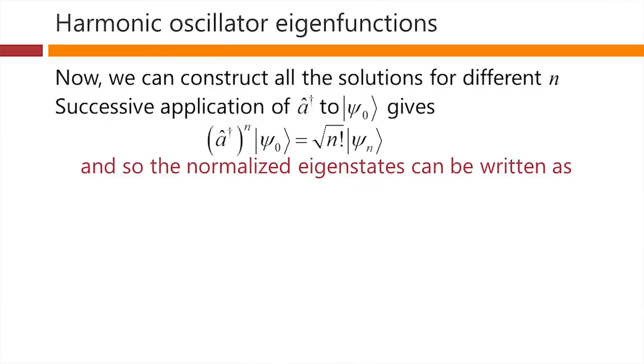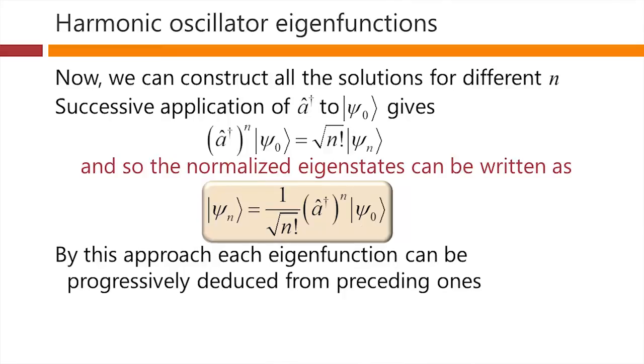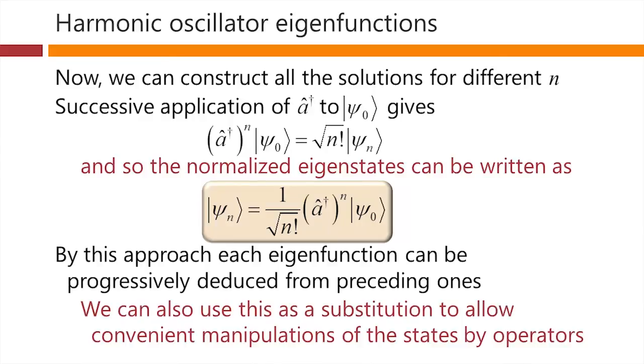And so to make it normalized, we could write psi n, therefore, as 1 over the square root of n factorial times the creation operator to the nth power operating on the lowest state. In this kind of way, each eigenfunction can be deduced from the preceding ones progressively, and we can use this expression in particular as a substitution to allow convenient manipulations of the states by operators.